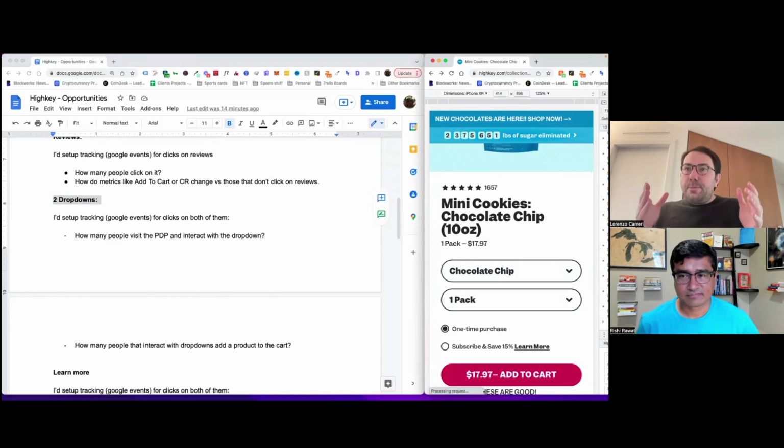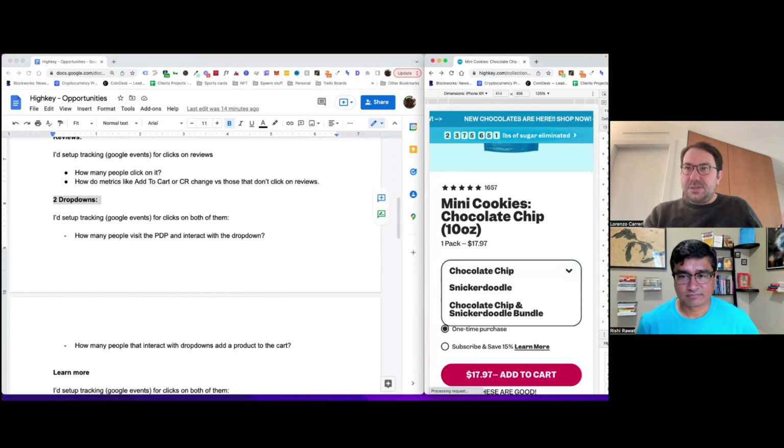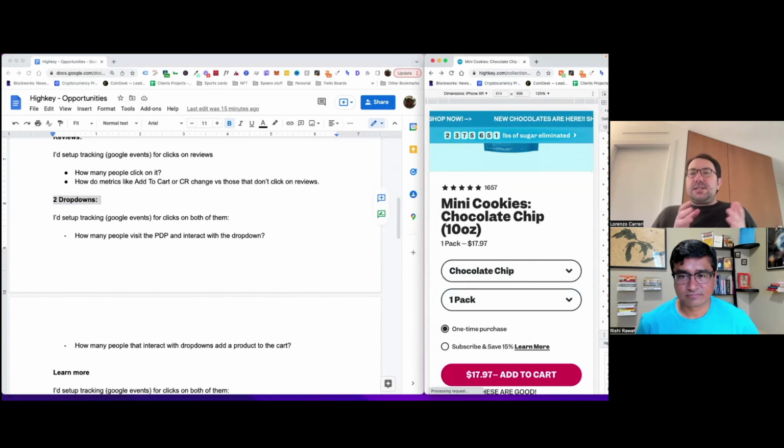The problem with using a drop down for 2 or 3 choices, like in this section, right? You have the taste, which is the flavor, which is 3 choices that the user can make, and number of packs, which is 2 choices. The problem is that they're hiding that information under a drop down.